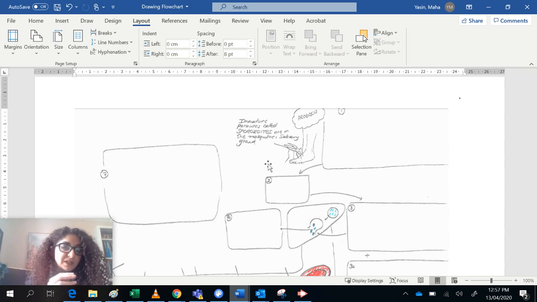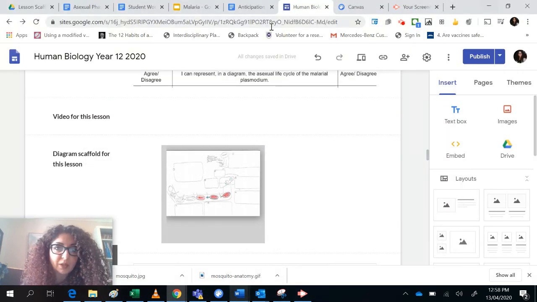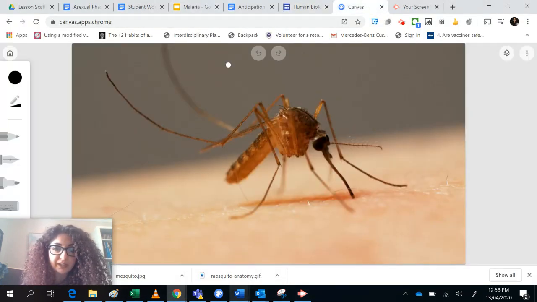So we want it to be able to divide, and that's where it's actually going to be able to divide within the human body. So right here, if you can see that, I've just got a mosquito there, and that mosquito is about to bite somebody. Now I'm just going to show you what that looks like over here.